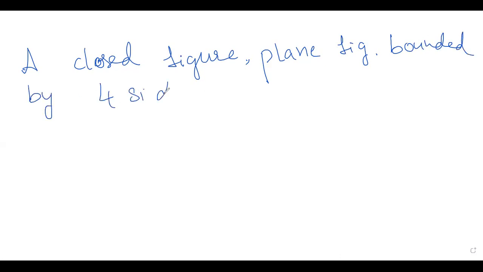A closed plane figure bounded by 4 sides or 4 line segments is called a quadrilateral. Okay, children? Yes, it is a quadrilateral.